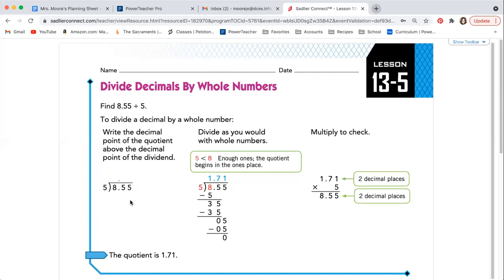Okay, so going up and down, we should have nice vertical columns that help us stay organized in getting through that dividend, okay?